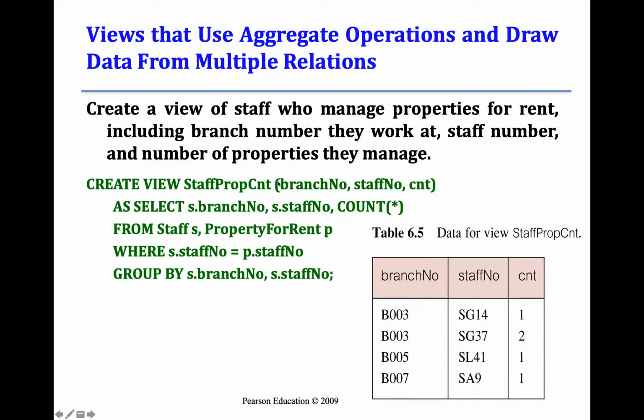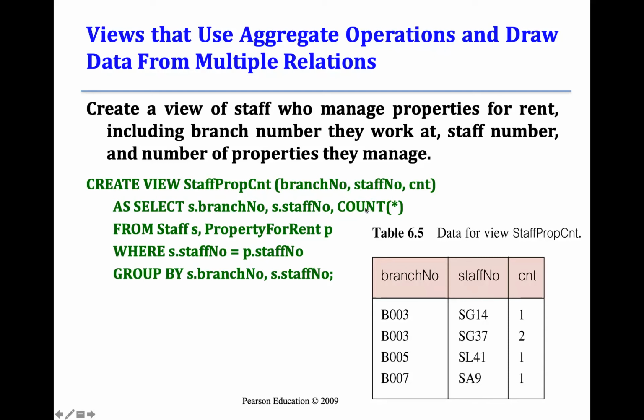First of all, you see I've added a comma-separated list of column names, and it is just like in a normal select statement. You can say something like s.branch number as or count star as. So these in effect become the aliases for the columns in the select statement.